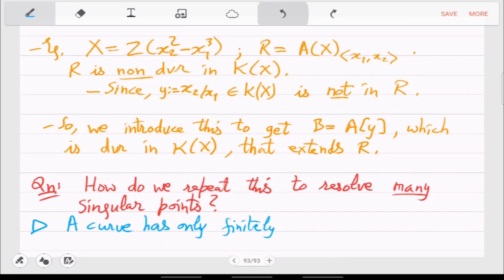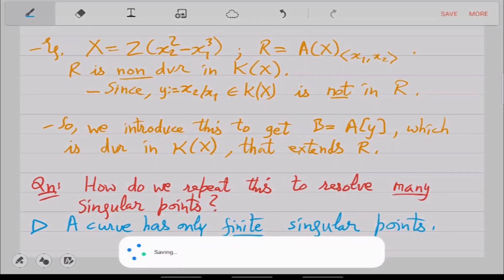By constraints you mean? Yes, so what is this constraint that gives you a singular point?